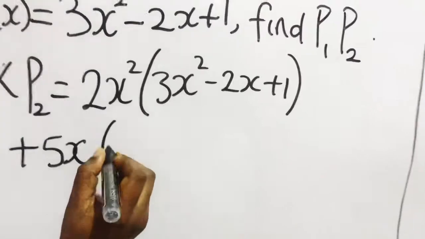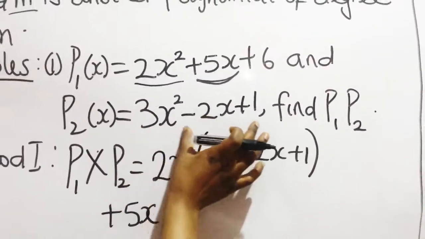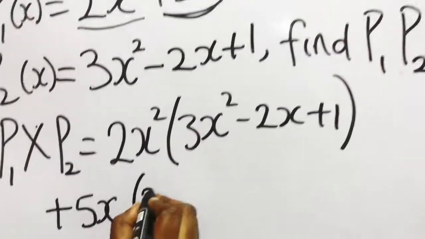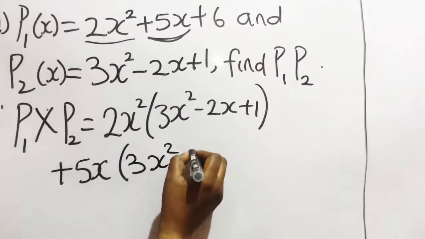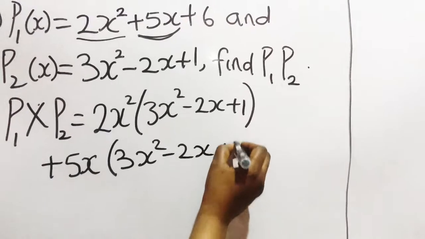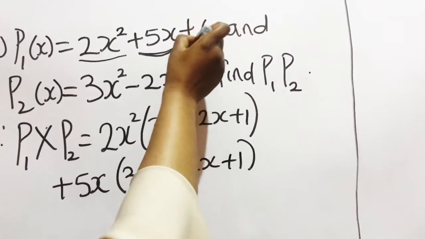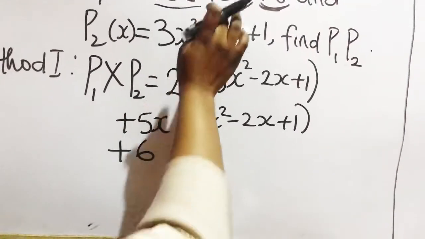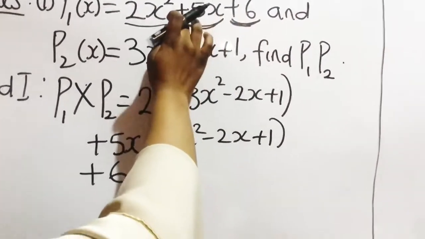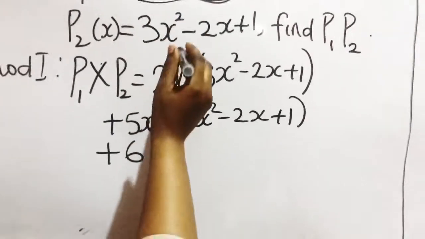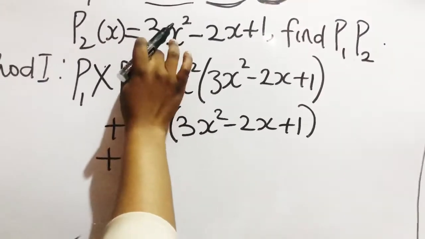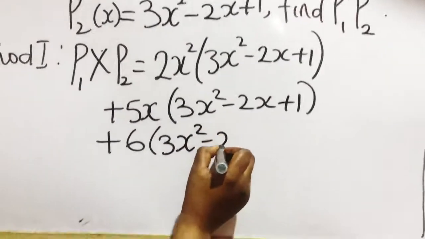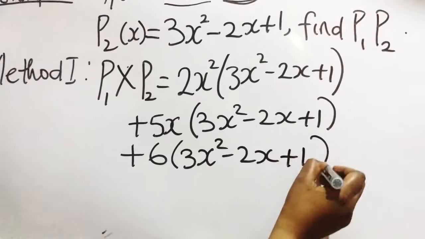You use that one also to multiply all the values of P2. So multiply by 3x squared minus 2x plus 1. Then you take the constant of P1, which is plus 6. So you have to be careful of any sign beside each value. You use it to multiply everything in P2: 3x squared minus 2x plus 1.